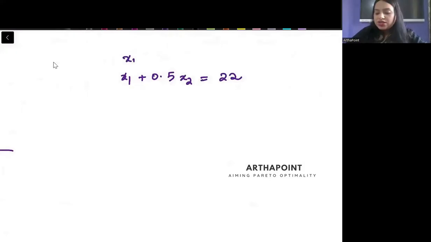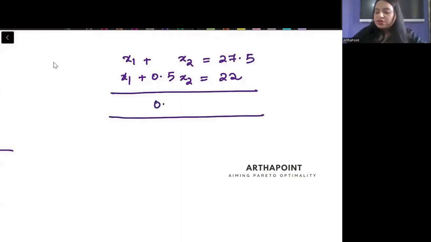And my butter constraint is x1 plus x2 is equal to 27.5. So I will just subtract and I will get 0.5 x2 is equal to 5.5. So beta, now you can just go ahead and solve the value of x2 from here and x1 also.